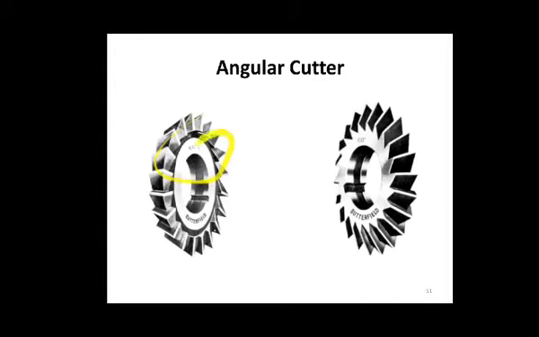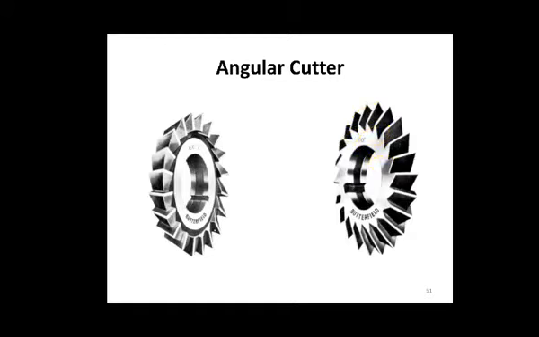This is called a single angle milling cutter. Teeth on the angular surface may or may not have teeth on the flat, and its angle is 45 degrees to 60 degrees. The second group is the double angle milling cutter.